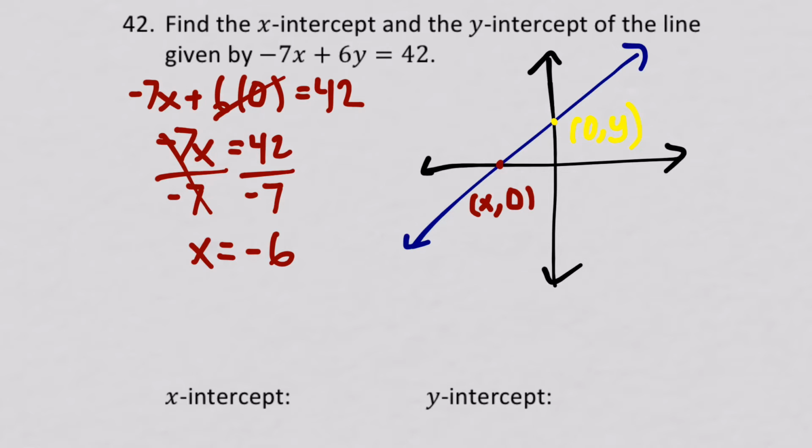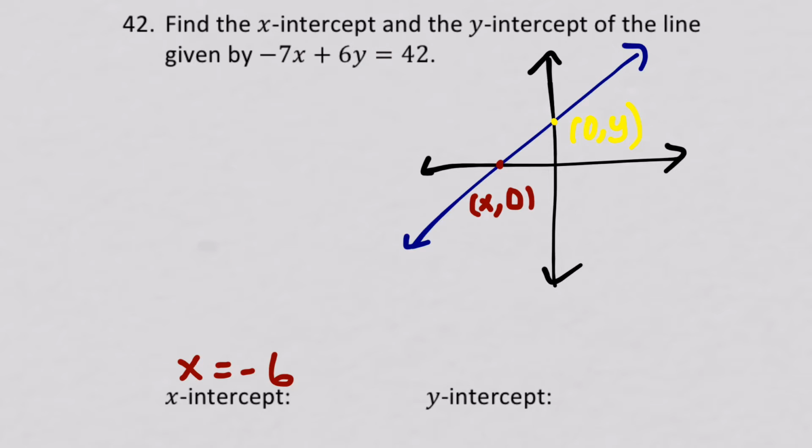The y-intercept looks like this: 0, y, where y is the value of the y-intercept, and the x value will always be 0. So we're going to do the exact opposite of what we did. We're going to substitute in 0 for x, and then solve for y. It's going to look like this.